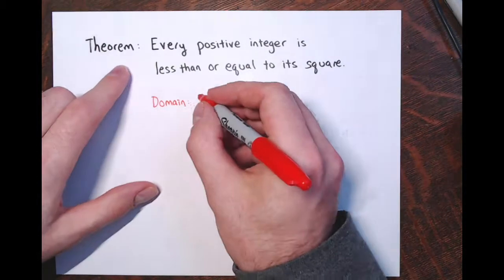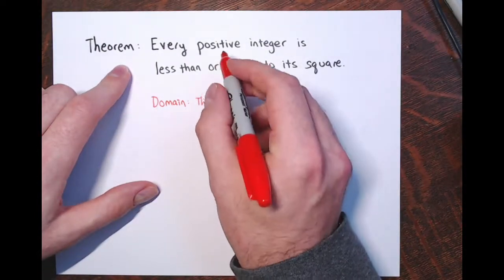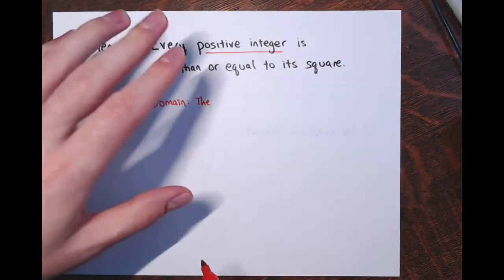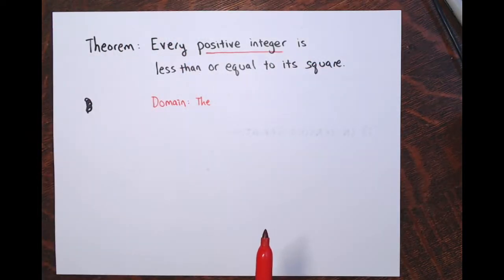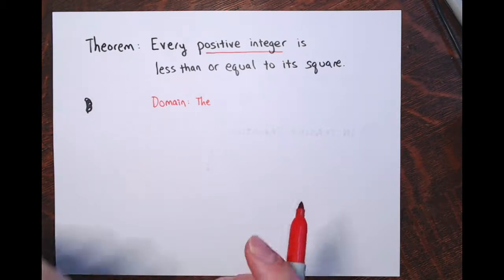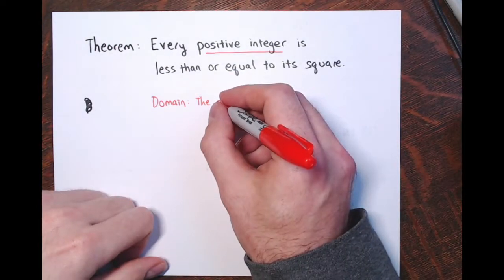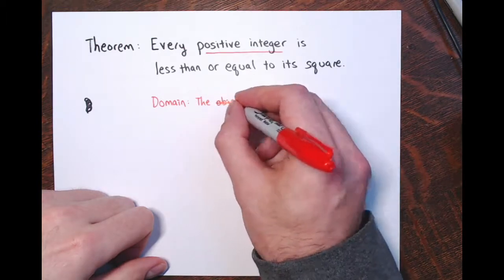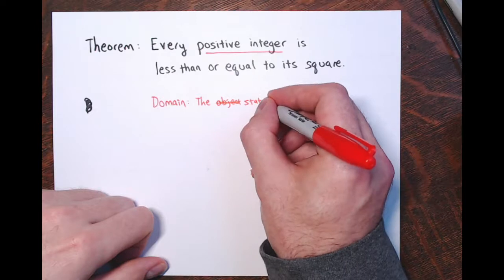The statement is about positive integers. I'm noticing the only type of object mentioned in this statement is a positive integer.